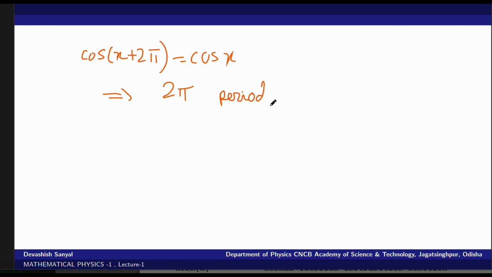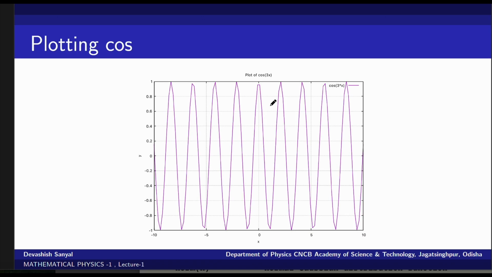Okay. So now we go to the next function. Again we are plotting here y is equal to cos 3x. Again here I have my y-axis, and here I have my x-axis. Here is the 0 on the x-axis, here is the 0 on the y-axis, and here is minus 10 on the x-axis, and here is 10 on the x-axis.